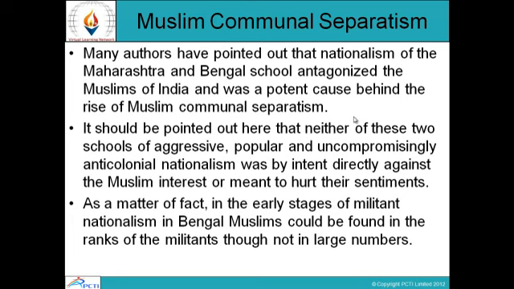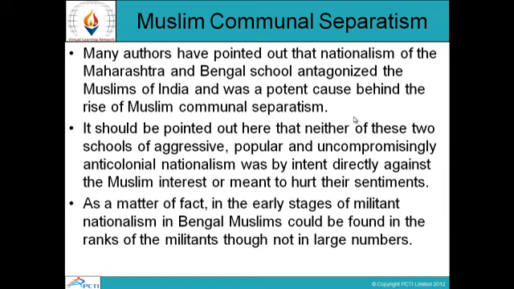Muslims demanded a separate state and a separate identity for themselves, which many authors say was because the nationalism of the Maharashtra and Bengal school prompted them to voice their opinions, come forward, and protect their community.